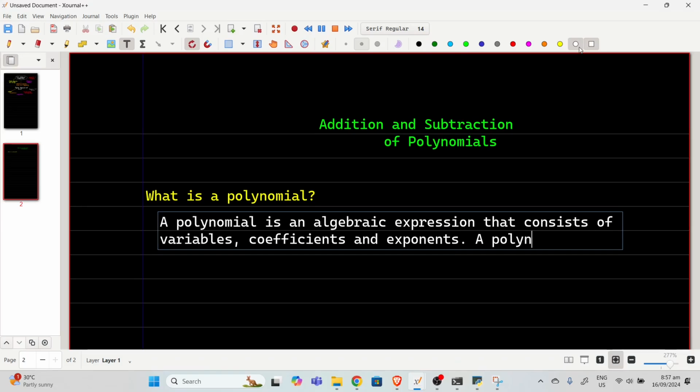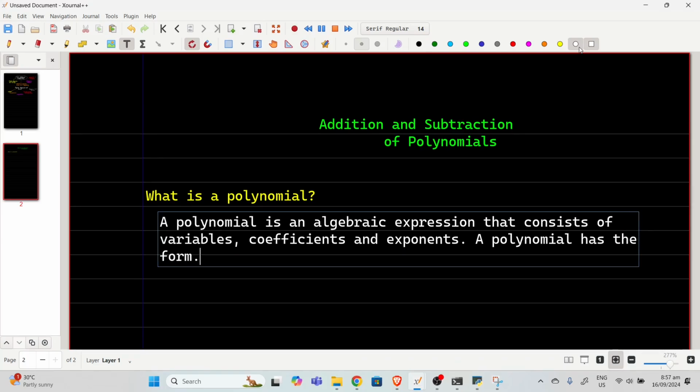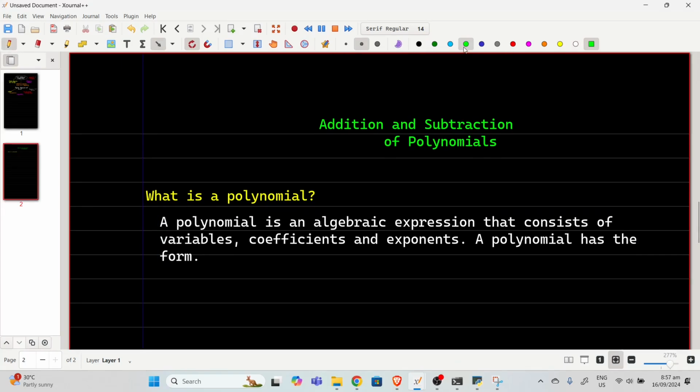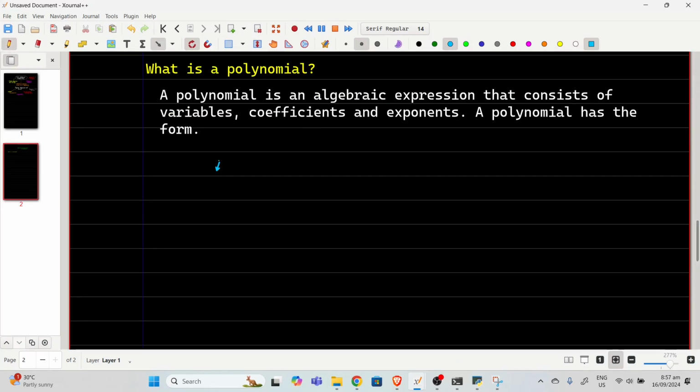A polynomial has the form of, let me just write that out, P of x is equal to a sub n x to the power of n plus a sub n minus 1 x to the n minus 1, and so on in that pattern until you reach a sub 1 x to the power 1, and then plus a sub 0 x to the power of 0.